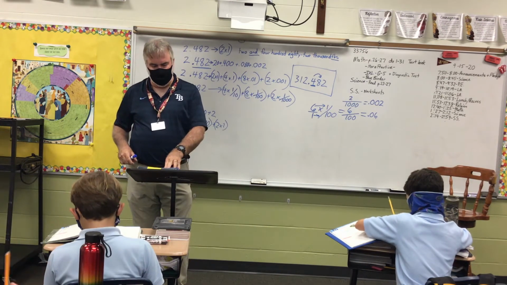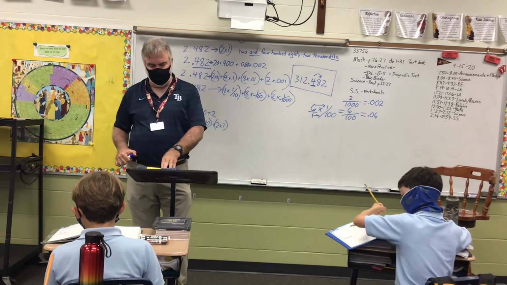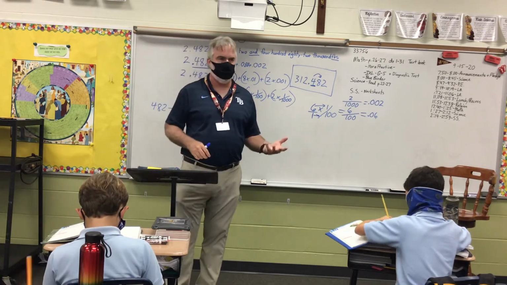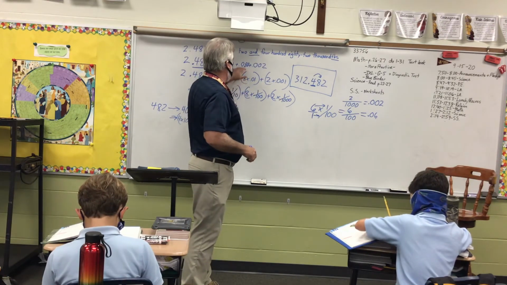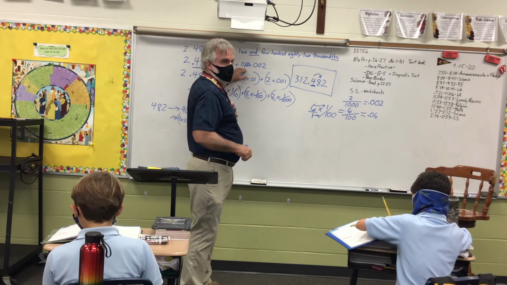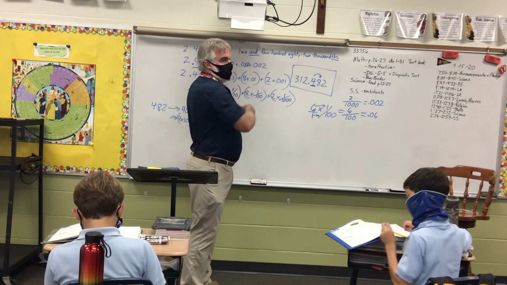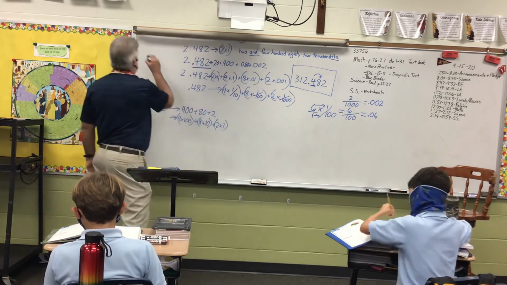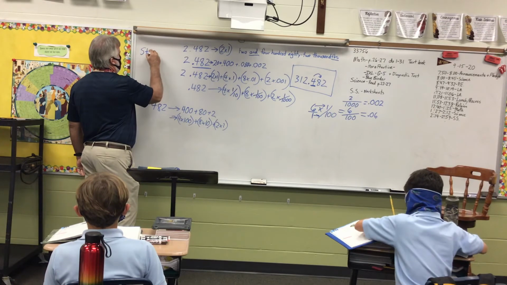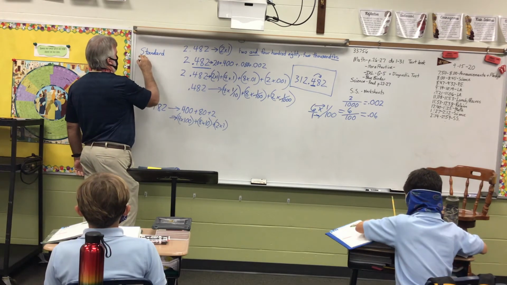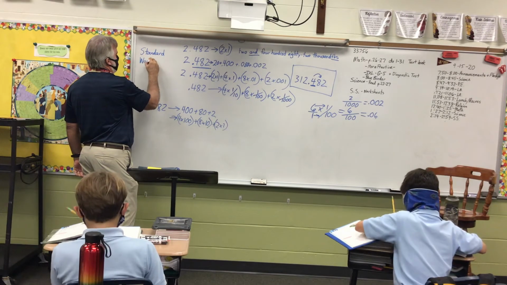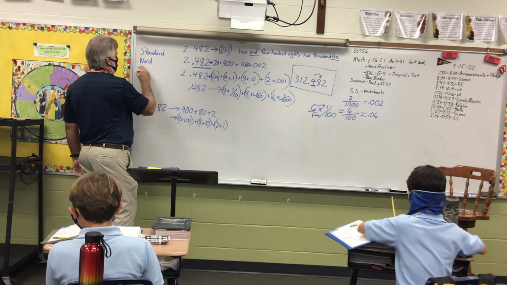Next, you have to write an expanded form. They give you a number in word form, and they want you to write it in expanded form. All they're doing is switching these around. You have standard, you have word, and you have expanded.